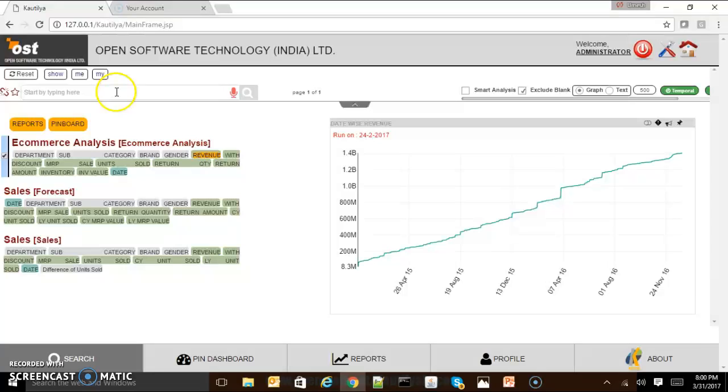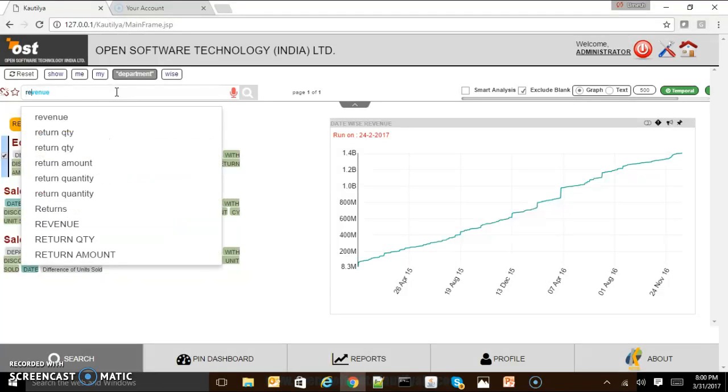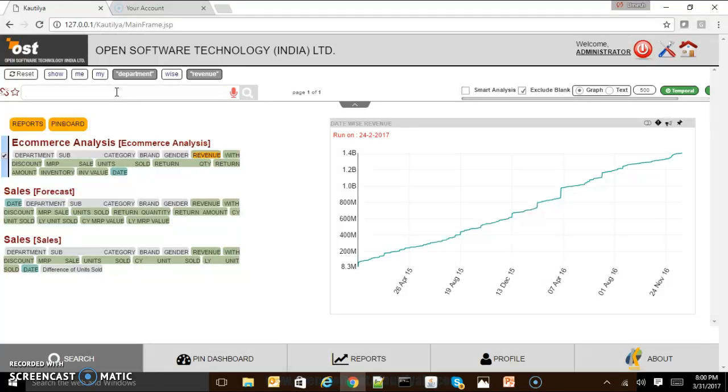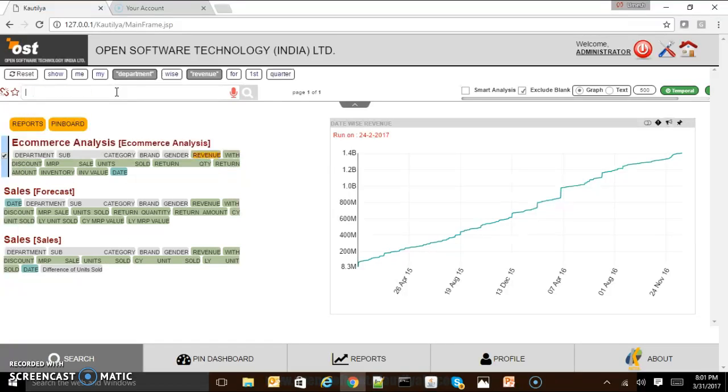So now what happens if I want to see the data in some different ways. For example, I want to see my department wise revenue for first quarter 2015.